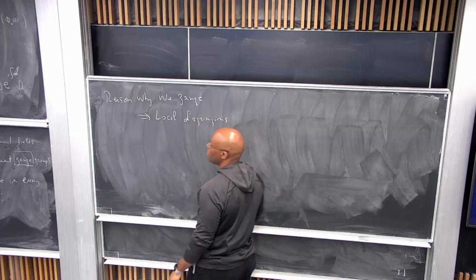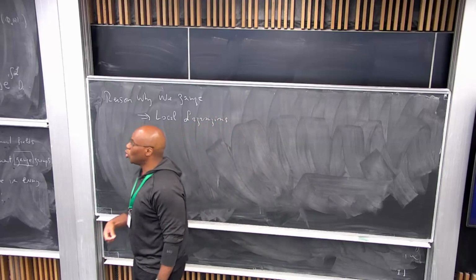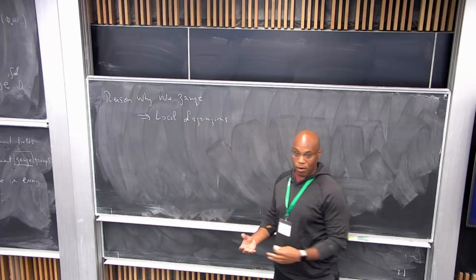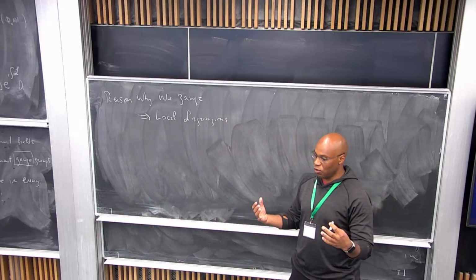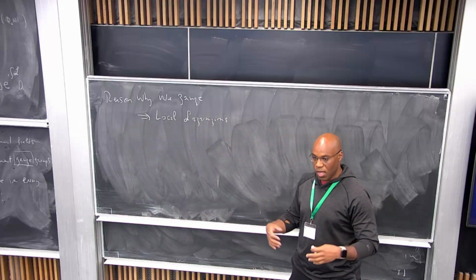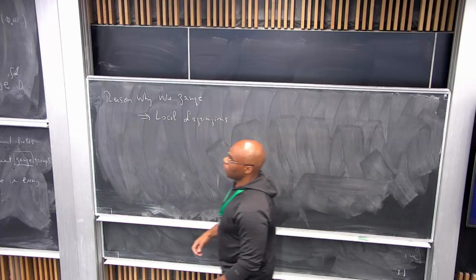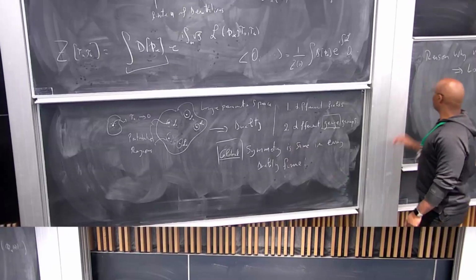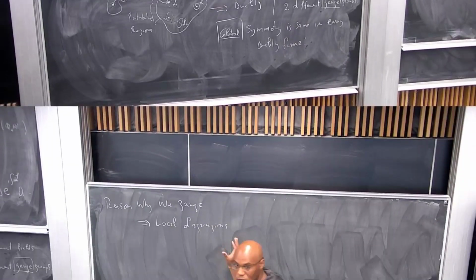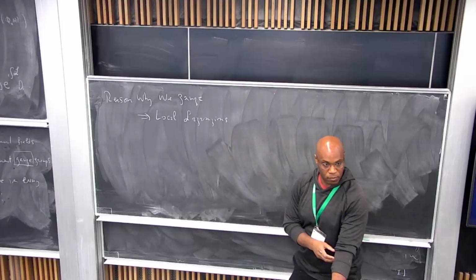Gauge symmetry is a trick that allows us to write local Lagrangians to describe our system. Right? It's a redundancy. We add redundancy into our Hilbert space in such a way that we can write down Lagrangians which are local. Right? So this is really the reason why we have gauge symmetry, but it's a trick, not a physical thing.